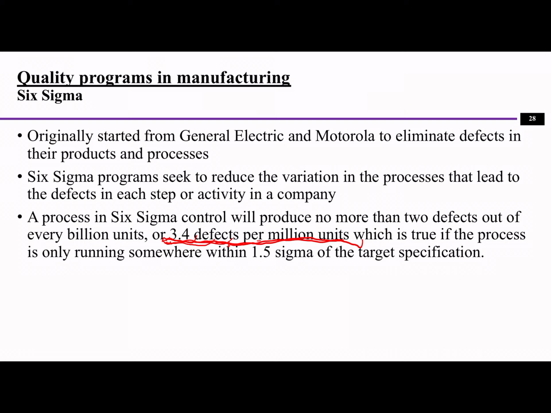Remember when we were looking at the chart, it's actually 0.0000034%, a really low percentage. When practicing Six Sigma, it's really hard to achieve, almost impossible, and that's why in practice a lot of times we actually use 4.5 sigma as the goal. If you achieve 4.75 sigma, it means you are already doing very well in Six Sigma control.